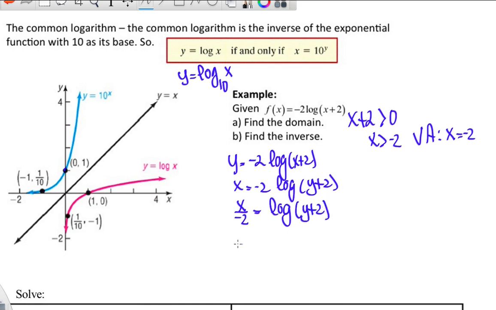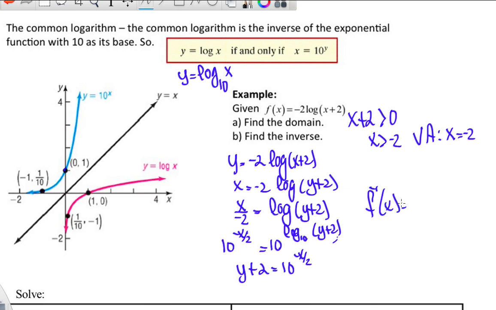So to get rid of this, you need to put these as exponents on a 10, because remember that log means log base 10, so by matching these two bases, the log just drops, so you get y plus 2 is equal to 10 to the power of negative x over 2. And then the last step would be that the inverse of x would be, I need to subtract this 2 on both sides. So -2 plus the exponential base 10 of negative x divided by 2.